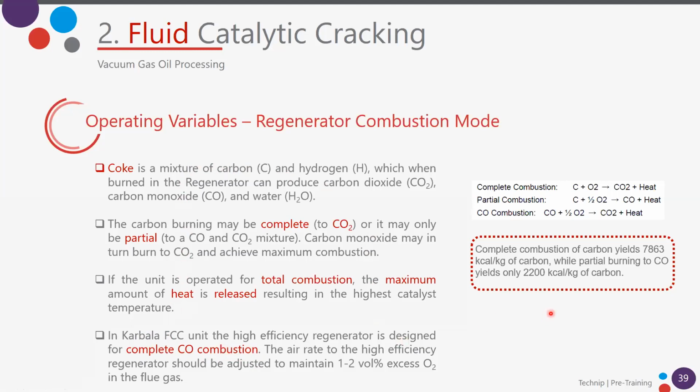We will have more heat, and we will have the catalyst at very high temperatures. And we have to maintain this excess of oxygen to have the complete combustion. Okay, that is also an important variable that you will have to handle when you are operating the unit in the refinery. Okay, the airflow to the regenerator.